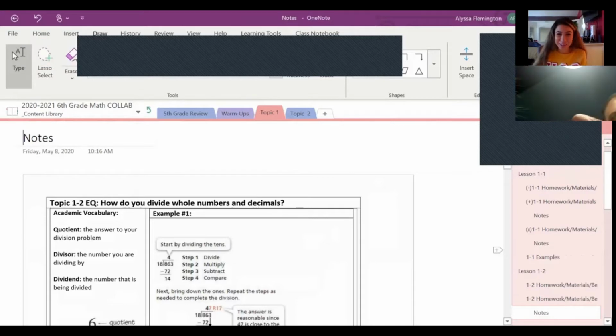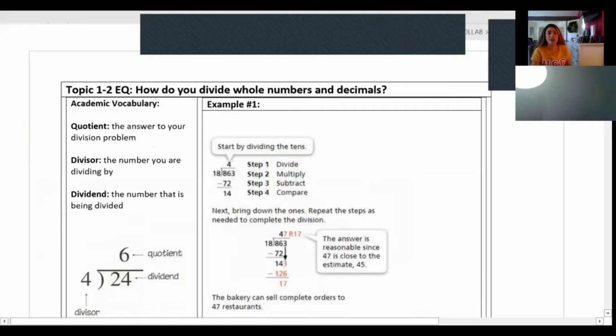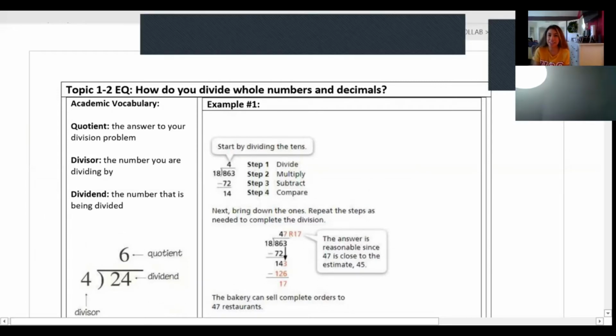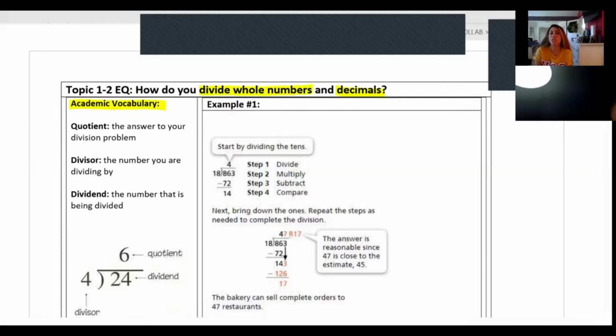All right, so our notes of topic 1-2, how to divide whole numbers and decimals. Let's jump over to the left of our academic vocabulary. We're going to find the word quotient. A quotient is the answer to our division problem.